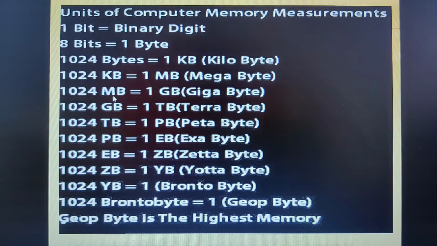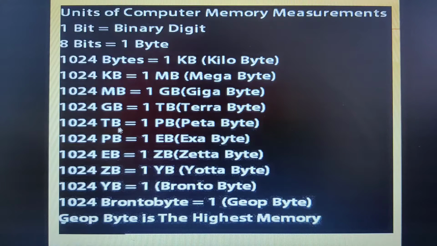Similarly 2 raised to 30, then 2 raised to 40, 50, 60, 70, 80, 90 and 100. 1024 megabytes makes 1 gigabyte. 1024 gigabytes makes 1 terabyte. 1024 terabytes makes 1 petabyte.